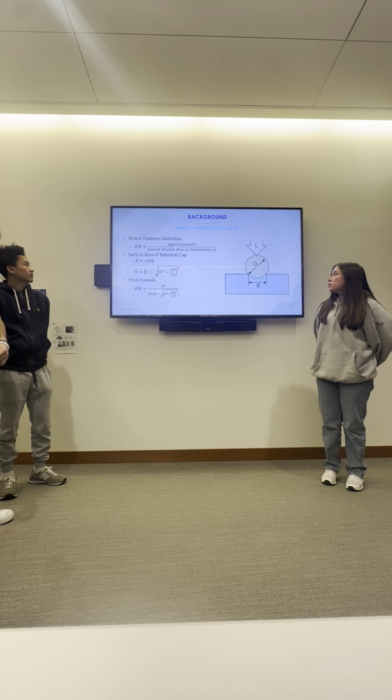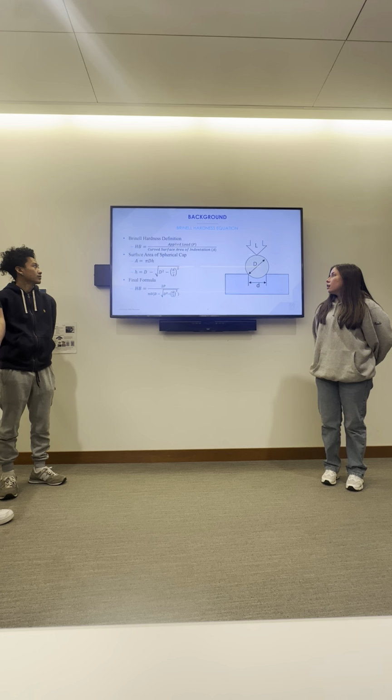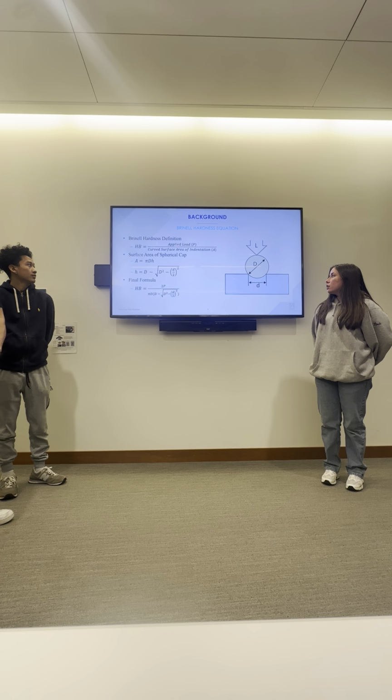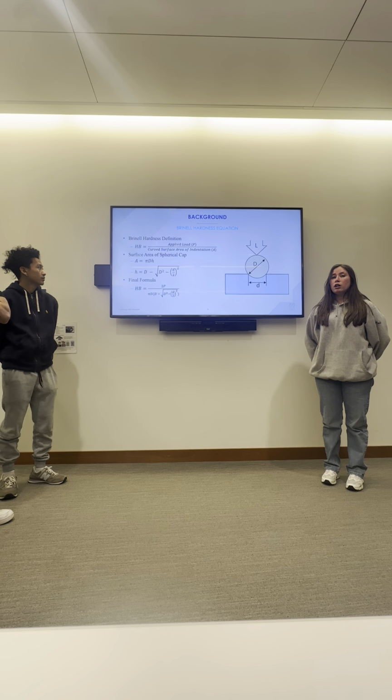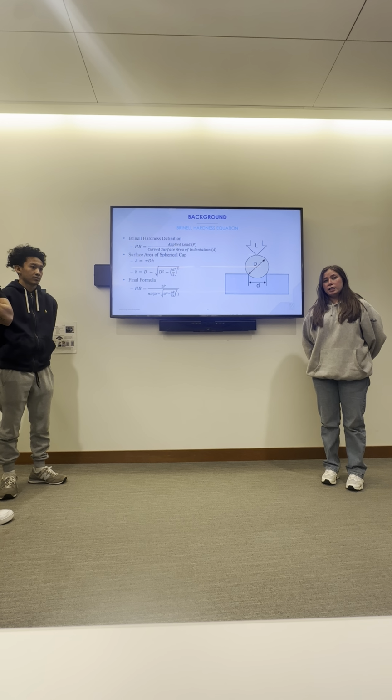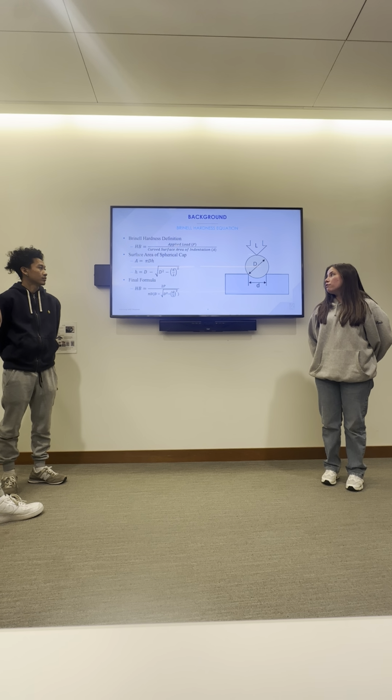For the Brinell hardness equation, you have to understand this equation in order to measure the area that is being tested. Instead of just using the diameter of the indenter, we also use the diameter of the indentation itself.